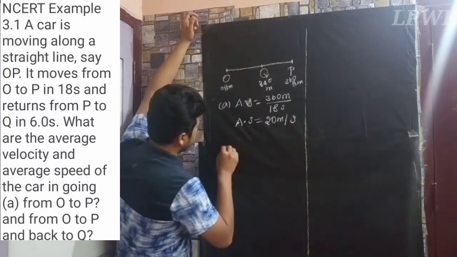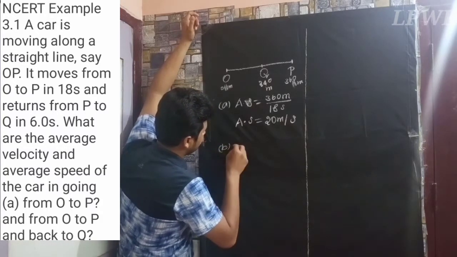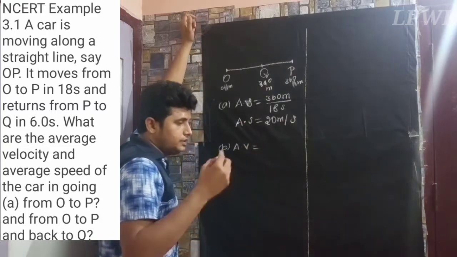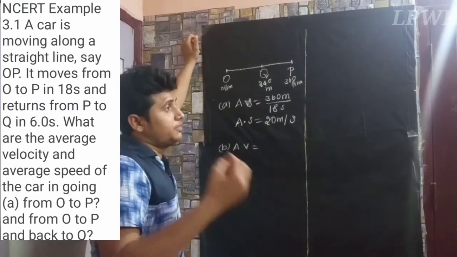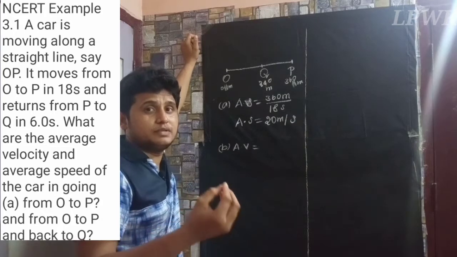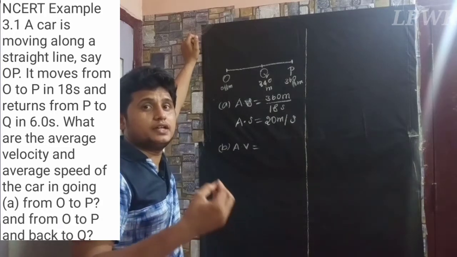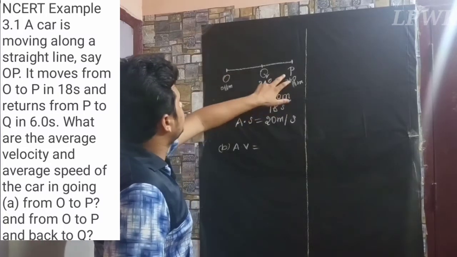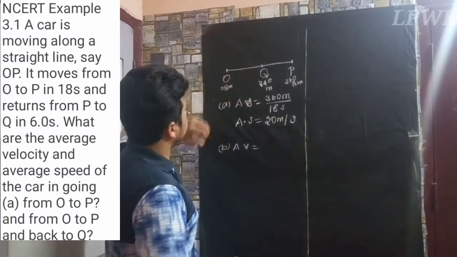Then what about the average velocity? Average velocity will be final displacement minus initial displacement by final time minus initial time. Okay, then P will be final and O will be initial.